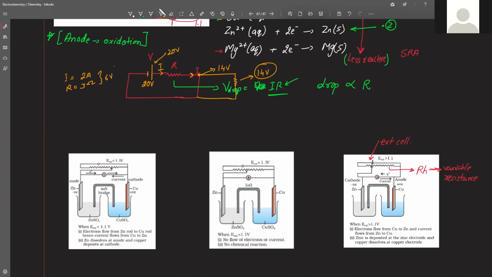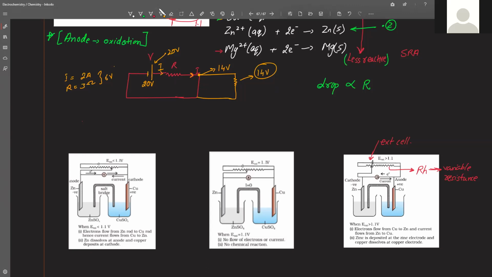It is connected to a 20 volt battery, but there is already a loss of 6 volts in that resistance, and that's why the voltage which reaches the yellow part is equal to only 14 volts. I hope this is clear now.